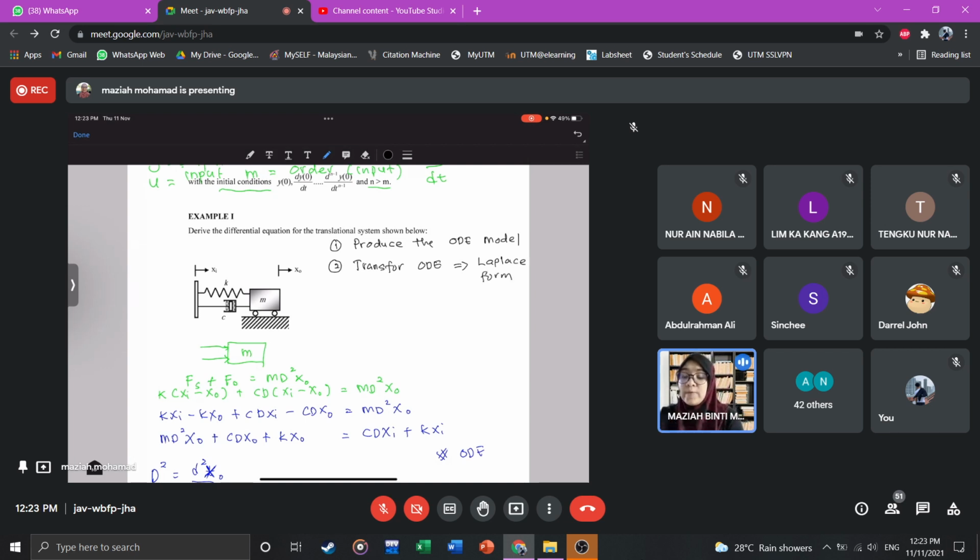Once we have the ODE here, m d square x naught plus c d x naught plus k x naught equal to c d xi plus k xi, the next step is to convert this ODE into Laplace form. The third step will be to apply the initial condition.